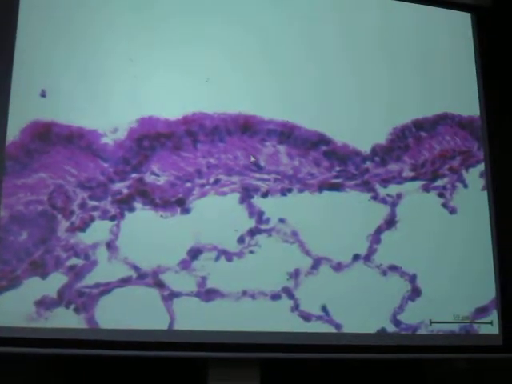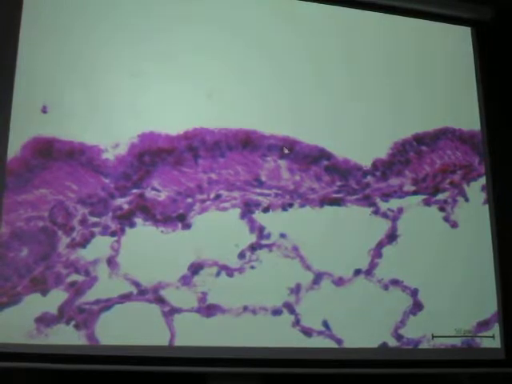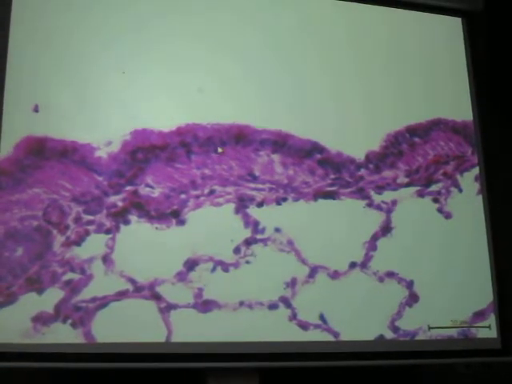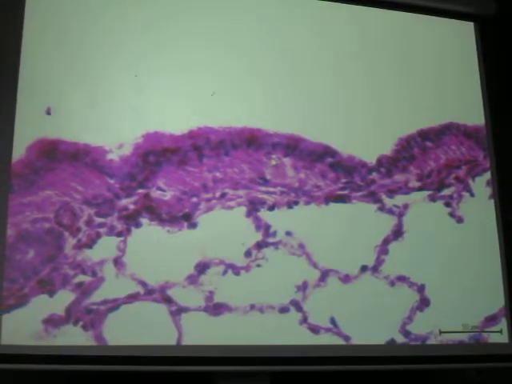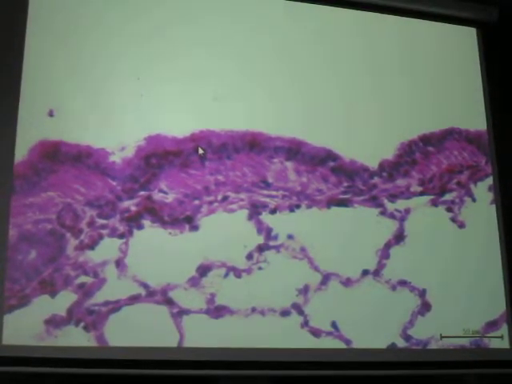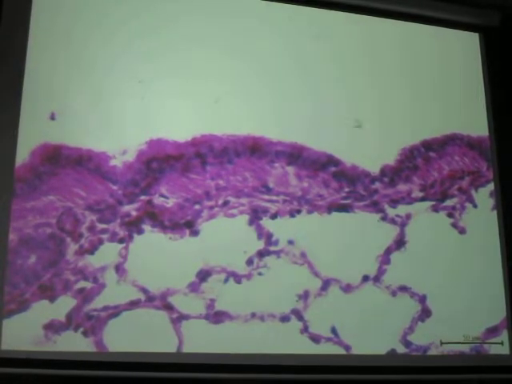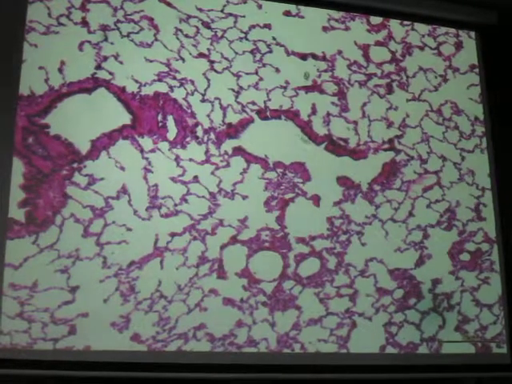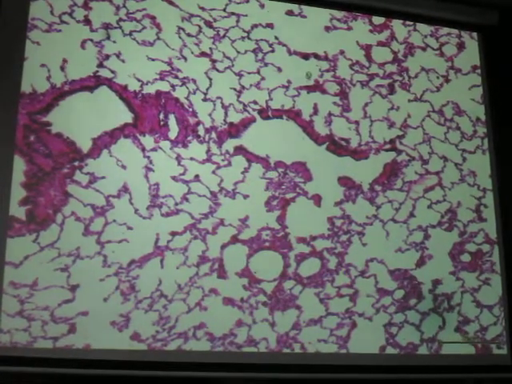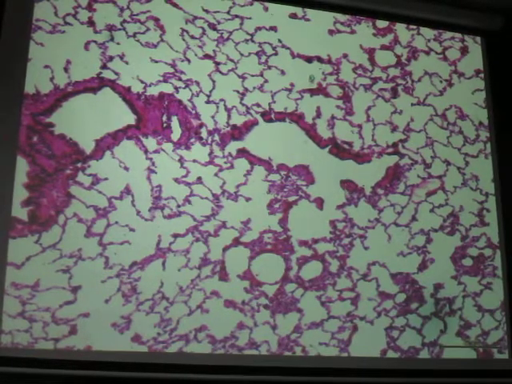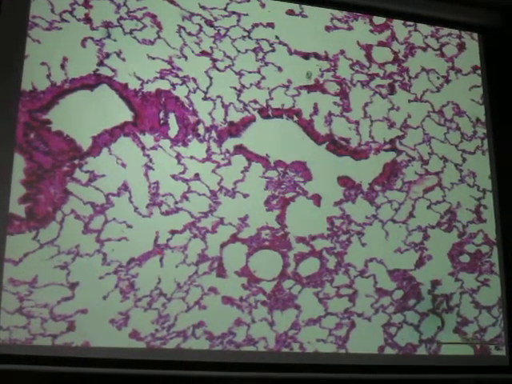Okay, so this is the lining, the wall of a terminal bronchiole. So you just have the smooth muscle and the simple ciliated columnar epithelium. Okay, again, so low power of your respiratory bronchiole.